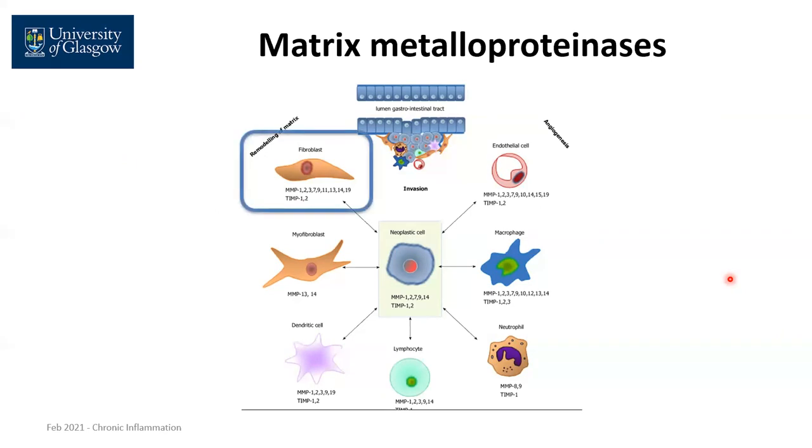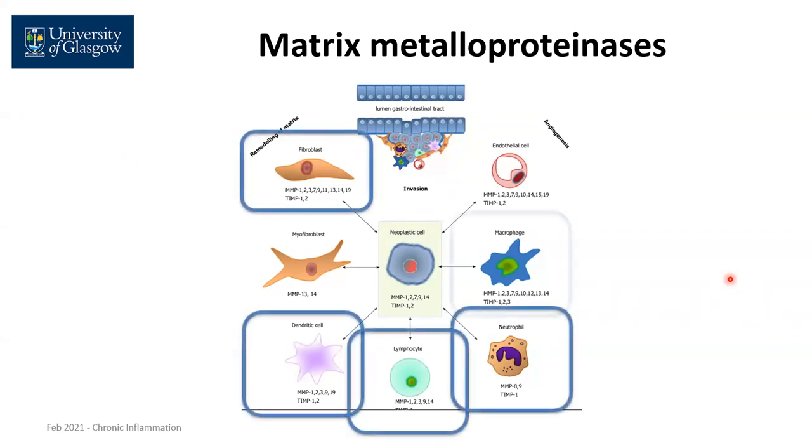These MMPs are produced by many different types of cells, things like fibroblasts, dendritic cells, lymphocytes such as B cells and T cells, neutrophils, macrophages, and also endothelial cells that line the blood vessels. What you need to be aware of is that all of these different cells can produce different types of MMPs, and there are many, many different types.